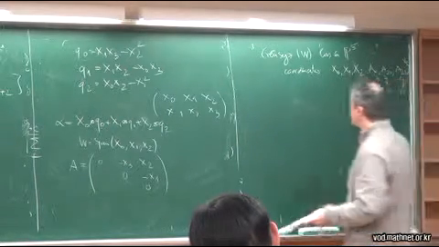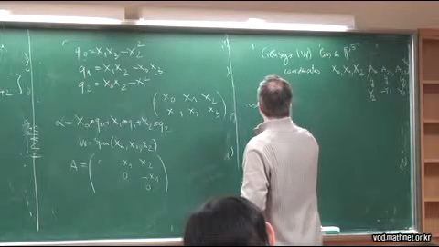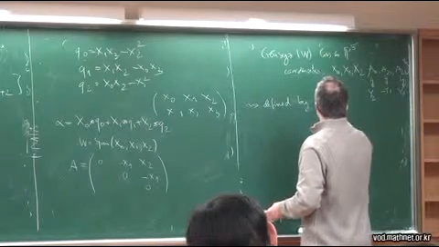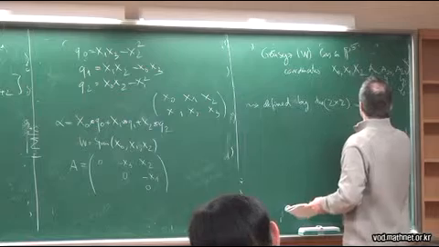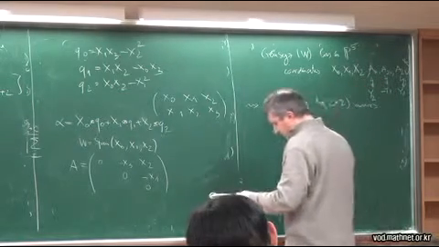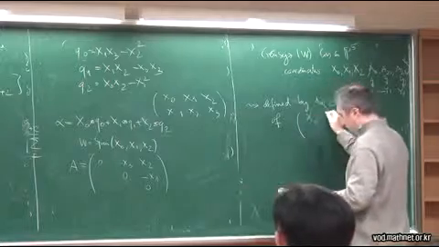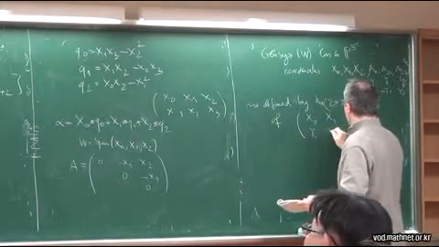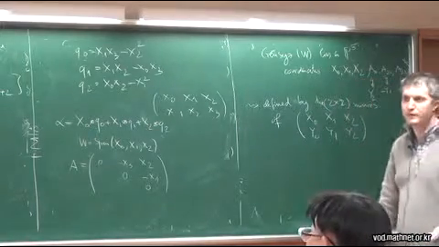Then the generic Syzygy scheme is defined by the 2 by 2 minors of the matrix with rows x0, x1, x2 and y0, y1, y2. And we know what this is.